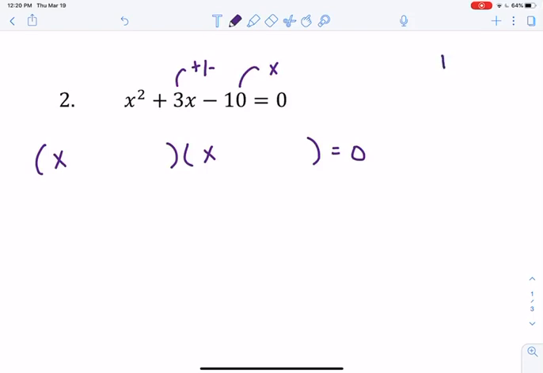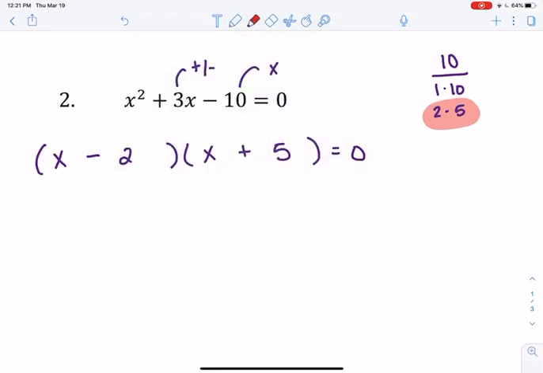When we think about our factors of 10, let's look to the side here. We've got 1 and 10, and we have 2 and 5. You can probably see that we're going to be using 2 and 5 because we know that 5 minus 2 gives us a positive 3. So I'm going to put a minus 2 here and a plus 5.